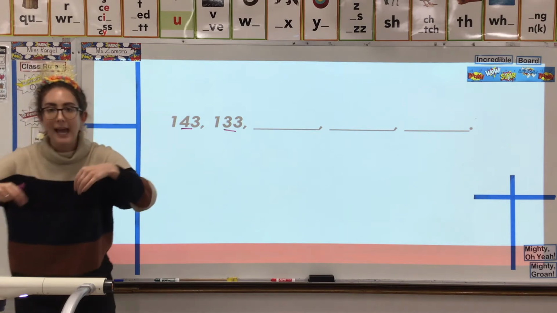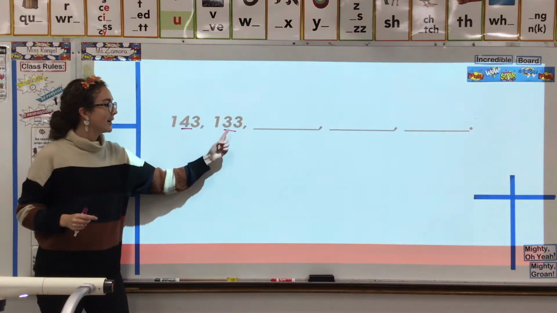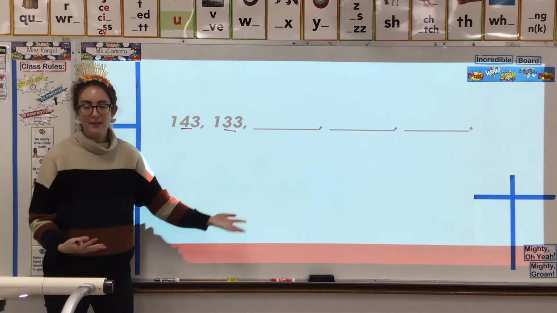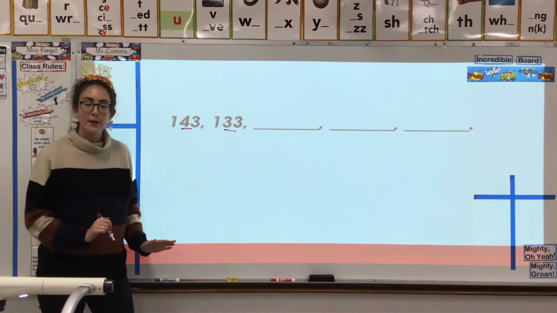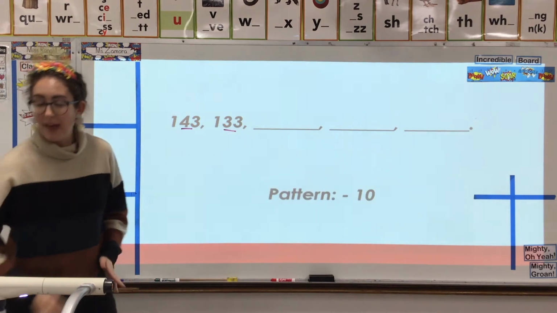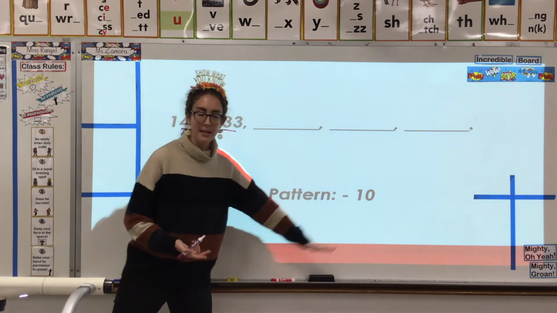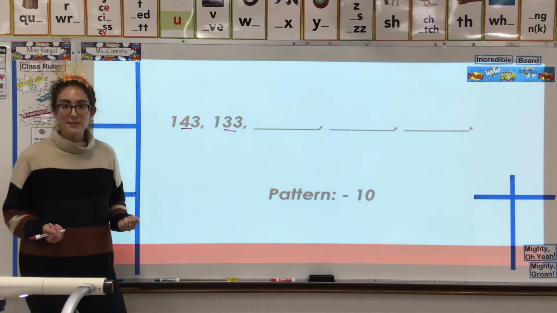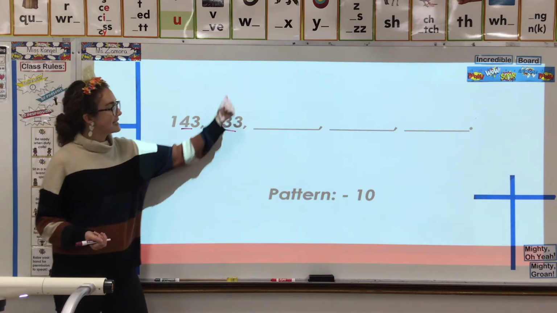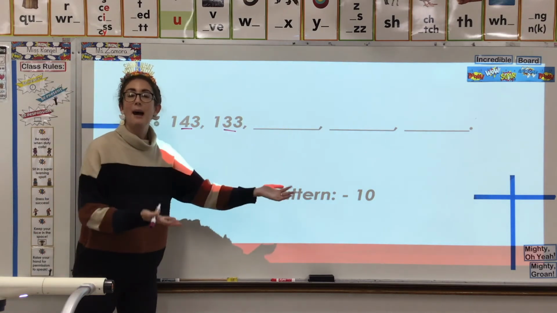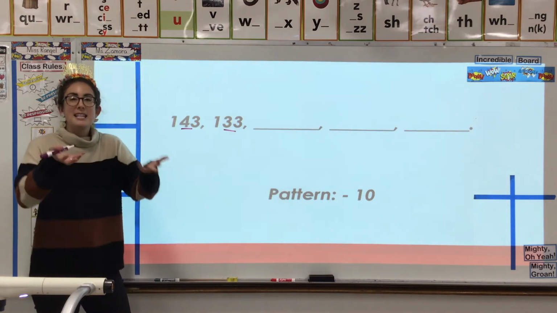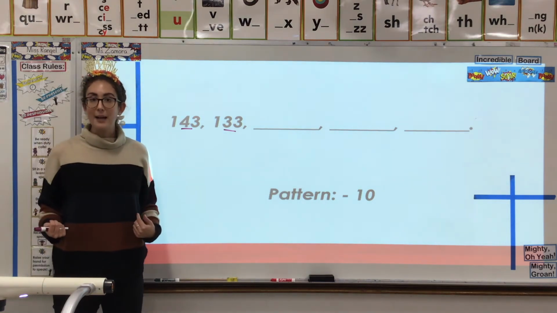We're counting down. Each number is 10 less than. We're getting smaller. So knowing that the pattern of this sequence is 10 less than, we can complete the puzzle. We just need to continue counting down by 10, taking away a 10 every time.